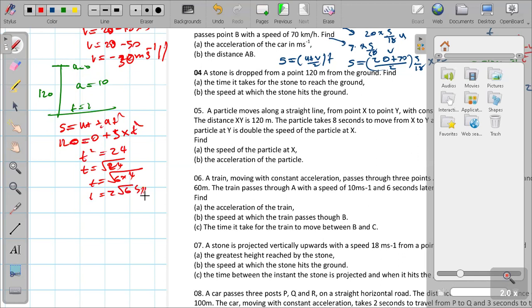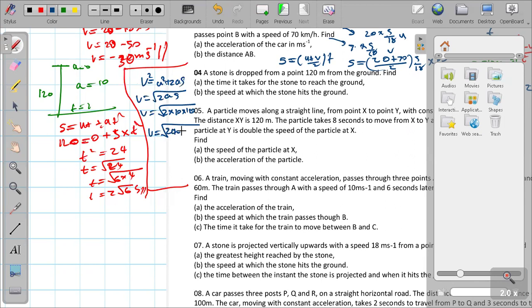Did you get these answers? Yes, sir. Very simple: 20 root 6 meters per second, minus 1.